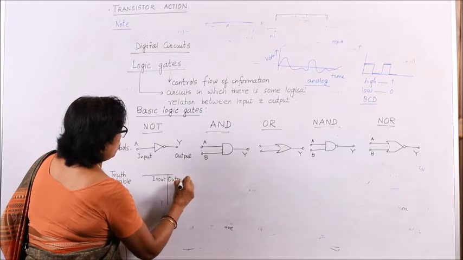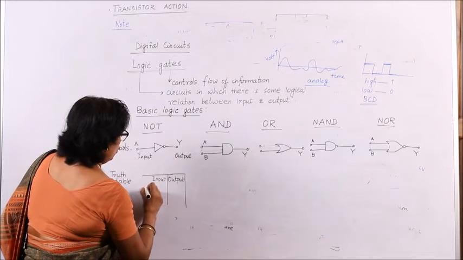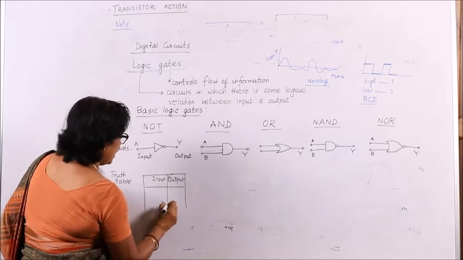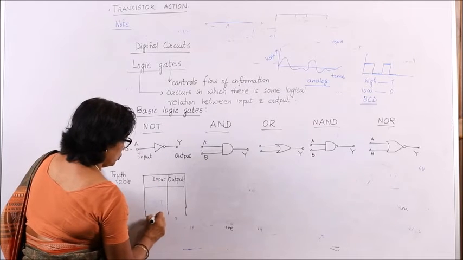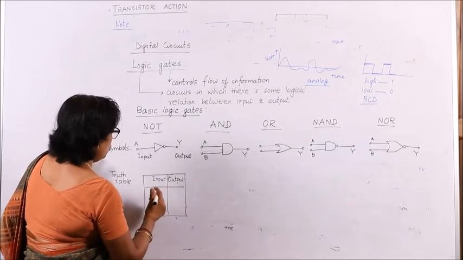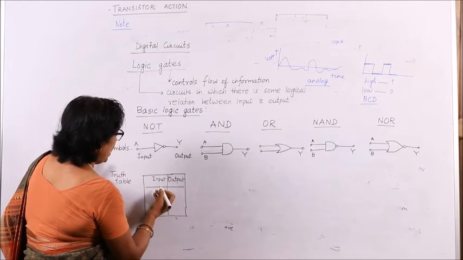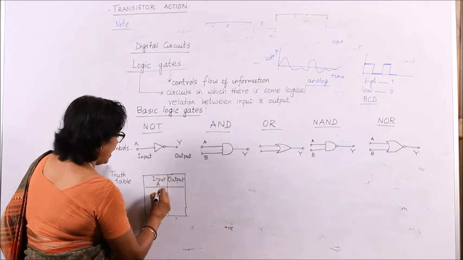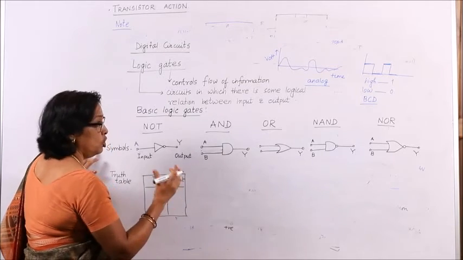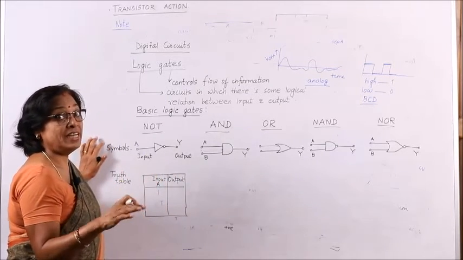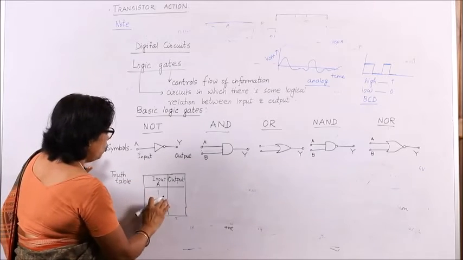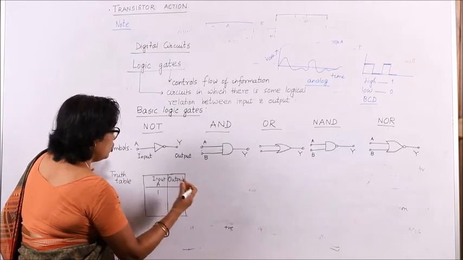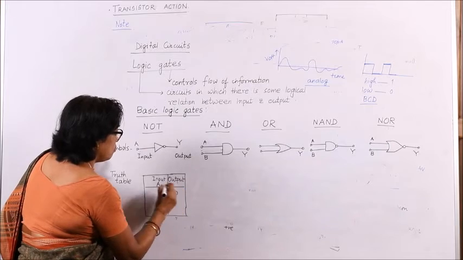The relation between them shows you what are the inputs, when inputs are given this, what will be the outputs. Now in this case there is only one input, so I will write only input A here. When A is high, NOT of this, that means negation. So in this case NOT of 1 will be what, not 1 means 0, so output will be 0.